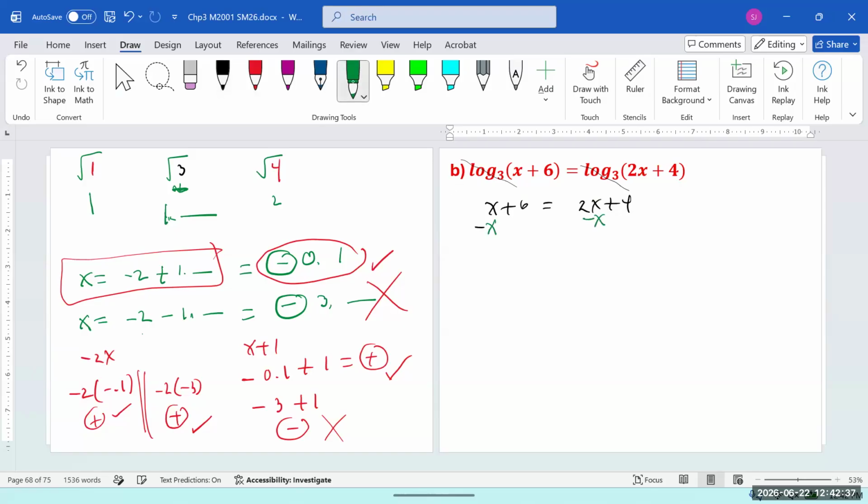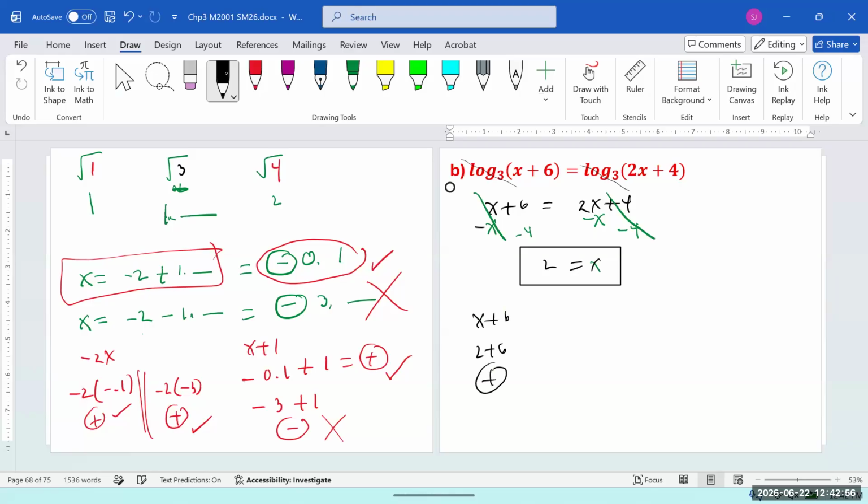Minus x minus x. x equals 2. Do you accept or do you decline these two? x plus 6 is 2 plus 6, positive, it's good. 2x plus 4 is 2 times 2 plus 4, positive, good. As long as they are positive, we are happy for now.